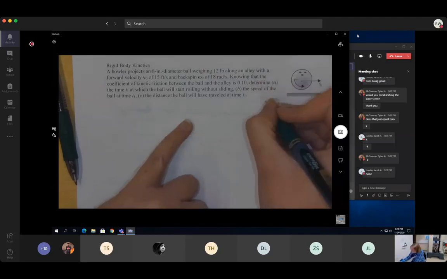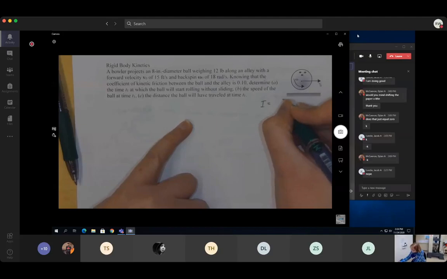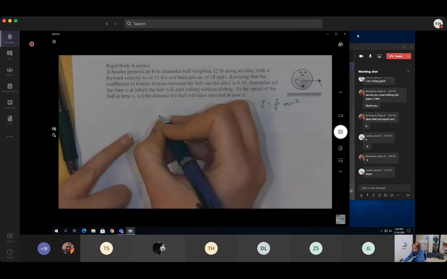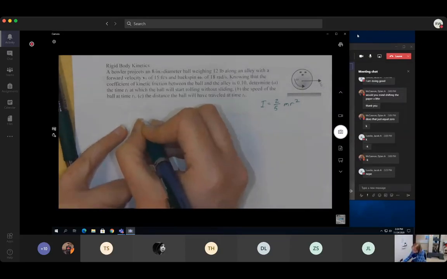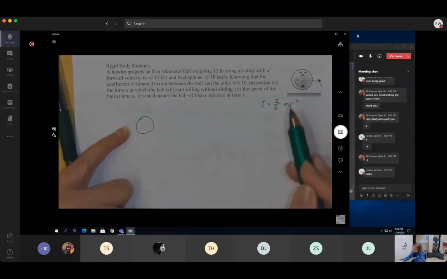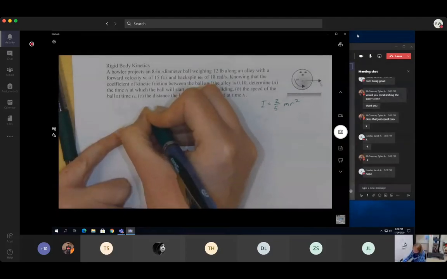One that will be important is that for a sphere, moment of inertia about its center is 2/5 m r squared. We've essentially got a bowling ball, so we've got a velocity, we know an angular velocity. We'll have weight.